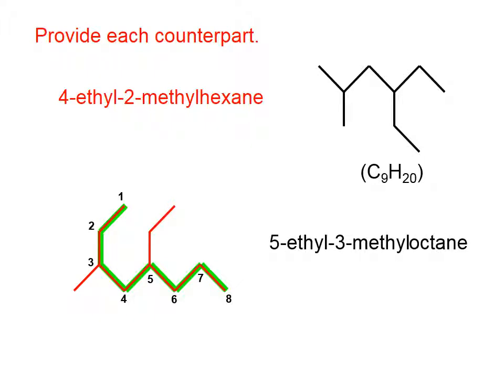And the answer is we write 5-ethyl 3-methyl because the substituent groups need to be alphabetically written, not the numbers, alphabetically. Ethyl comes before methyl. If we were to count up the total number of carbons, we'd get 11. Total number of hydrogens, 24.